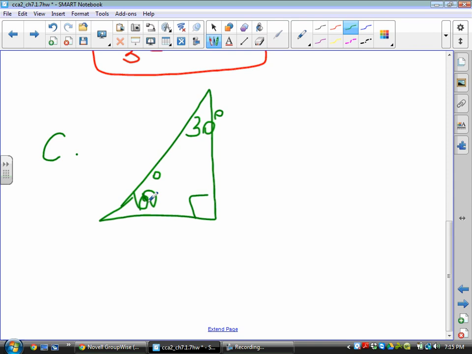If we talk about the old values you learned in geometry class last year, the relationships between special right triangles: across from the 30 was a 1, across from the 60 was radical 3, and across from the 90 was a 2. Now several people in class said, well, the radius isn't supposed to be 2, it's supposed to be 1. So if we change those by dividing everything by 2, now we have some better answers.